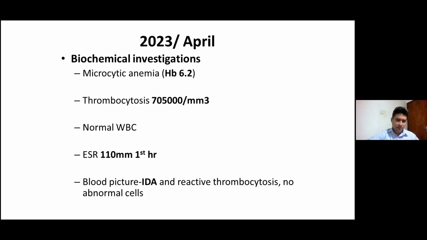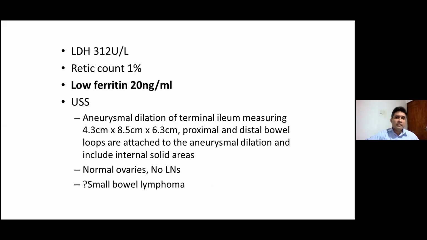Her blood picture showed iron deficiency anemia and reactive thrombocytosis, but there were no abnormal cells in her peripheral blood film. The LDH was 312 and retic count was 1%, and her ferritin was low, confirming that she is iron deficient.